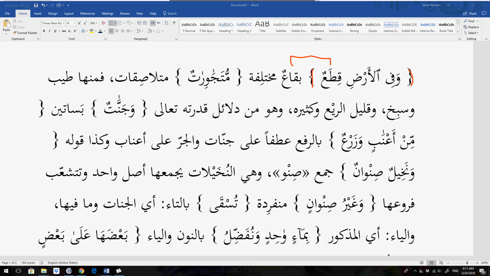فَمِنْهَا طَيِّبٌ وَسَبِخٌ. Thus from it are pure, good tracts of land, and sabikh, we would say swampy or briny type land that is not good for growth in terms of fruits or vegetables or what have you.